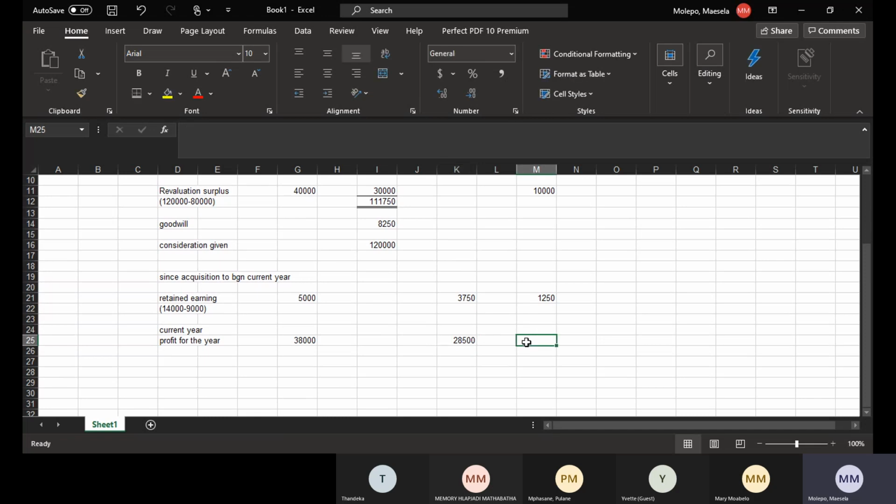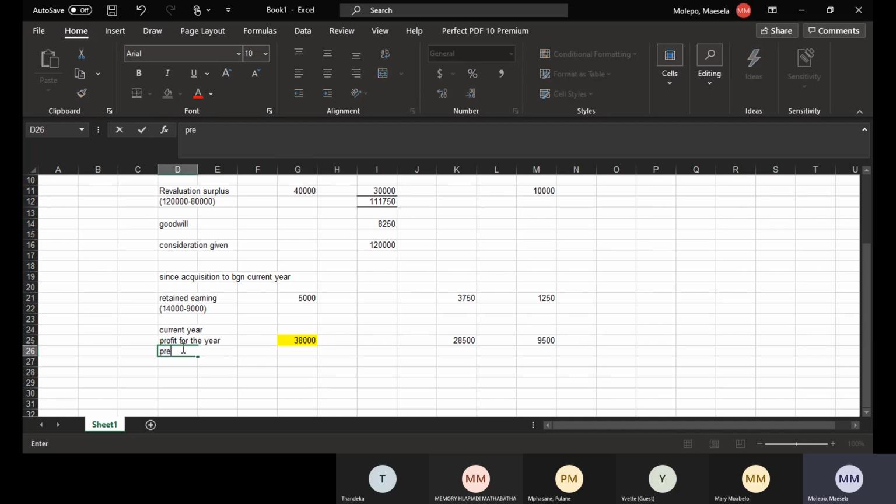And then the one for NCI will be 9,500. Now, on the statement of changes in equity, if you check under the retained earnings column of S Limited, they mention that the dividend paid on the preference is 5,000. We realized a profit of 38,000, so it means we have enough cash that can be used to pay the preference dividends.